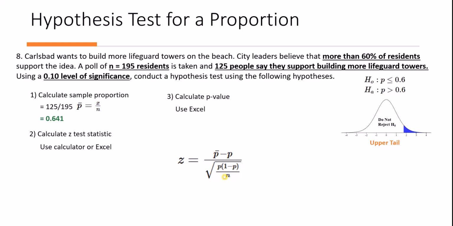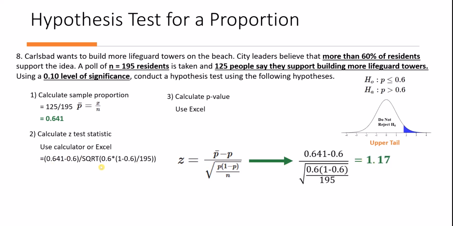Again, working with proportions, you're always going to have to either use a calculator or Excel. There are no functions. So if we just plug in our numbers from the story, we'll get a Z-test statistic of 1.17. Here is the formula that we'll be implementing in Excel to calculate the Z-test statistic.